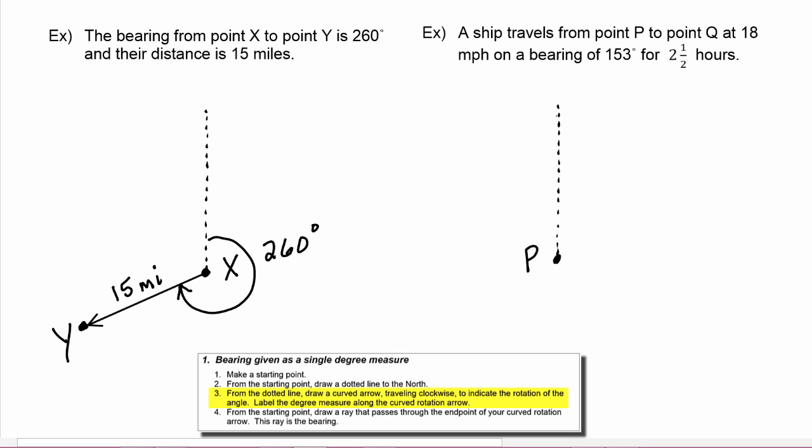Step 3, draw our curved arrow indicating the 153 degrees. So we know this would be 90, this would be 180, so we have to be in between those two. Step 4, draw the ray from our starting point through the end point of our curved rotation arrow.